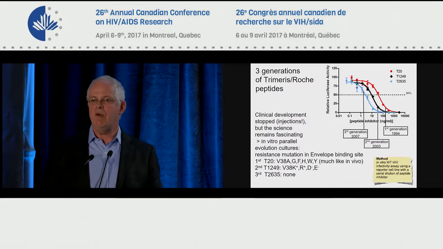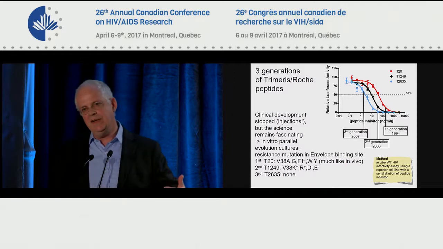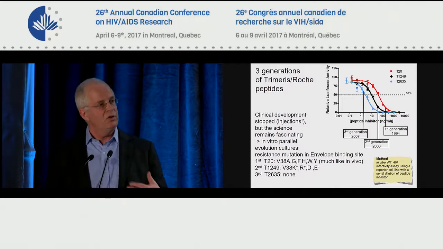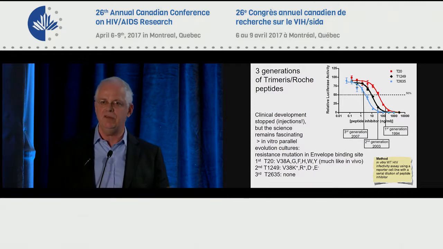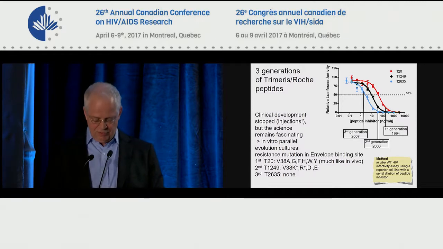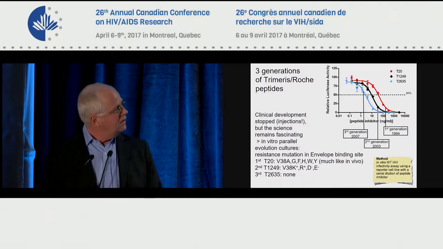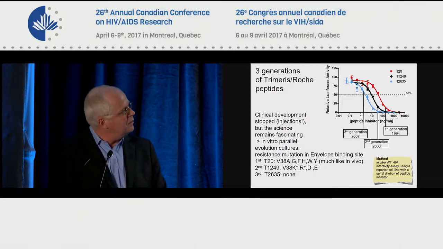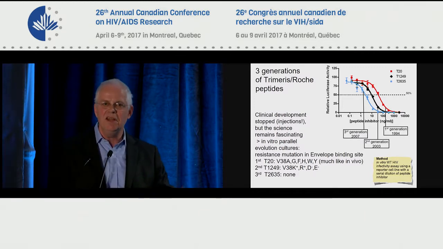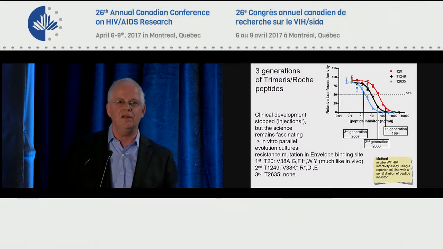So this summarizes the 3 generations, as we call them, of peptides, not generated by us, but made by the industry, Trimeris, and then later on Roche. And you see here in this inhibition assay the activity of the 3 generations, and you also realize how many peptides they tested, because T20 was one of the initial ones, but later on they were down to T2635.